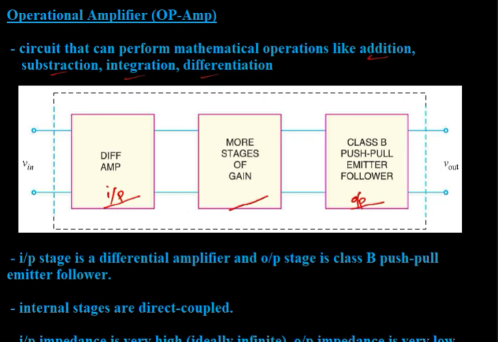So these three circuits, a differential amplifier, a series of multi-stages of common emitter transistor amplifier, and a class B push-pull emitter follower, constitute an operational amplifier.